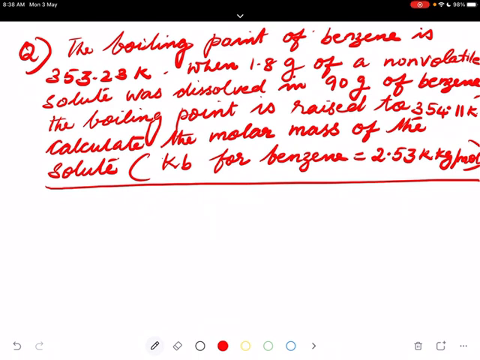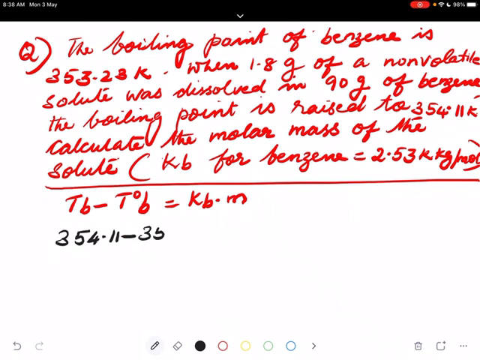So here again, this is elevation of boiling point. So we are using Tb minus T naught B is equal to Kb dot m. Tb, that is 354.11 minus 353.23.